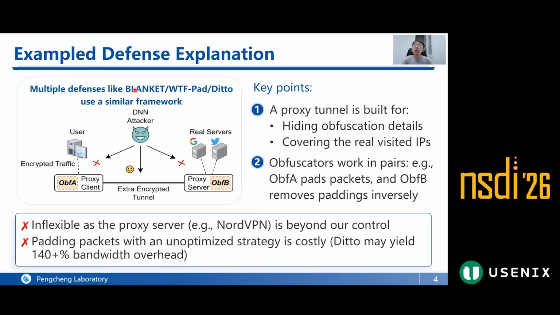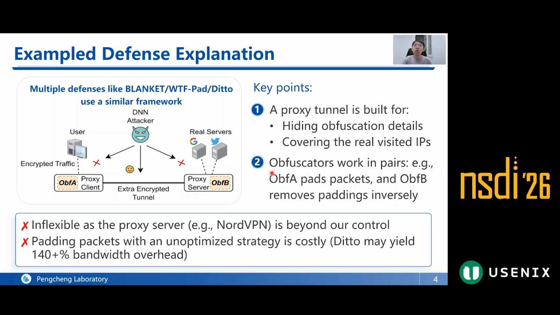Currently, there are many defense solutions, and their workflow is depicted in this figure. The key points of this figure are, first, there is an encrypted tunnel. This tunnel will hide the obfuscation details, for example, padding packets or inserting fake packets. Also, it will cover the real visited IP addresses because the user will first connect to the proxy server.